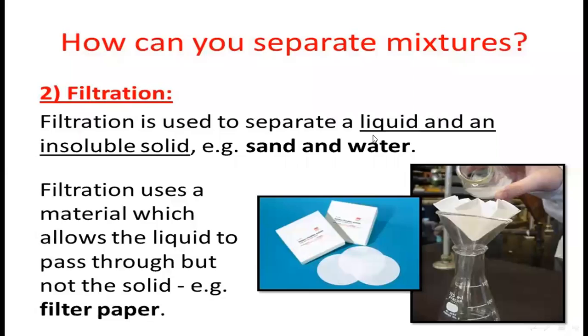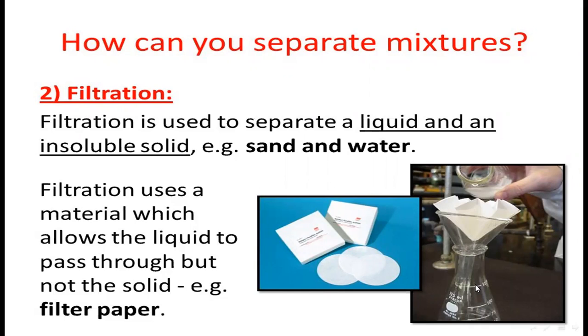I hope you understand these two processes, filtration and decantation. Again, here we repeat the method of filtration. Filtration is used to separate a liquid and an insoluble solid. Filtration uses a material which allows only the liquid to pass through, but not the solid.